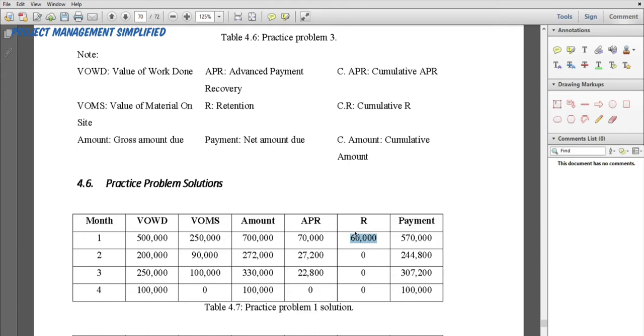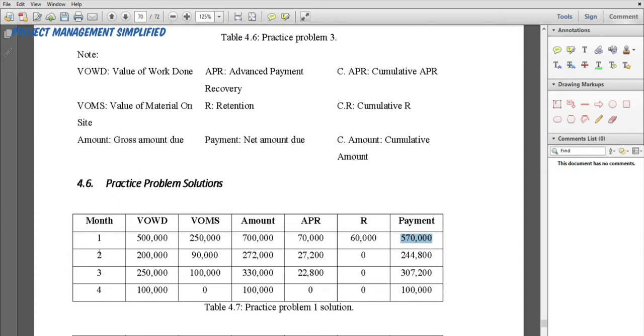However, because we must not exceed the 5% of the contract amount, if we multiply 5% by 700,000, we get 35,000. So we cannot exceed this amount. Then we can deduct the 70 and 60 from this amount, and afterwards we get this one. This is the first payment.